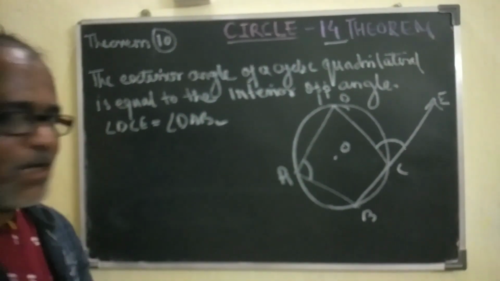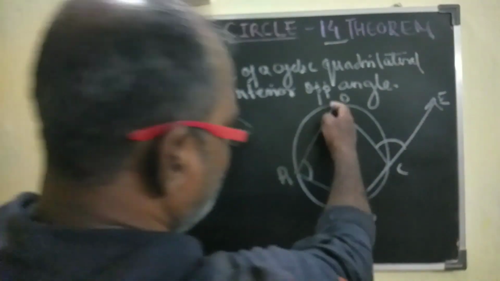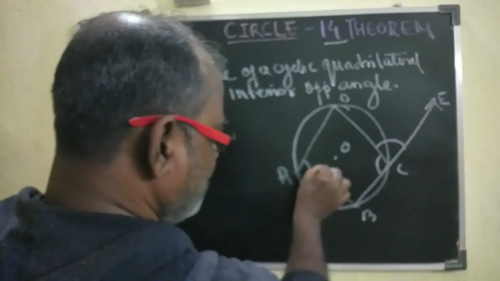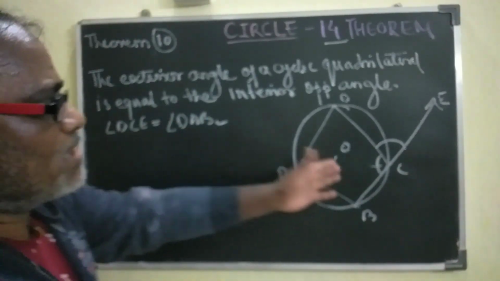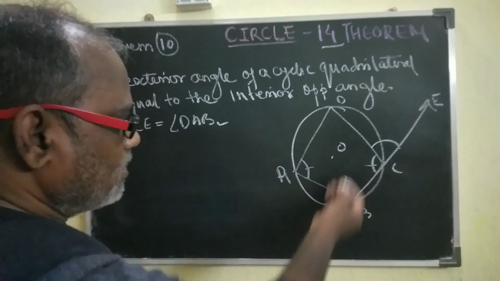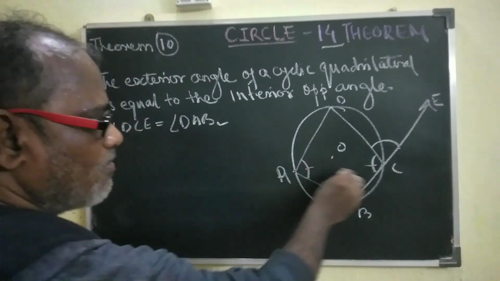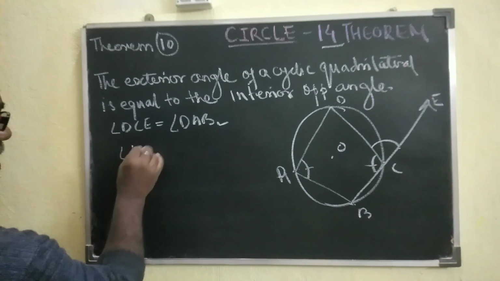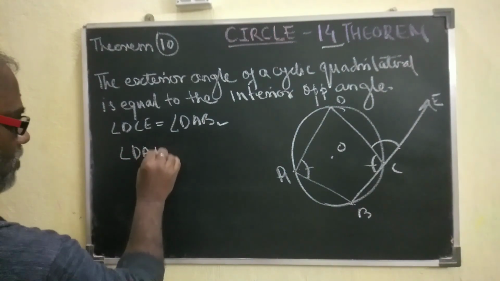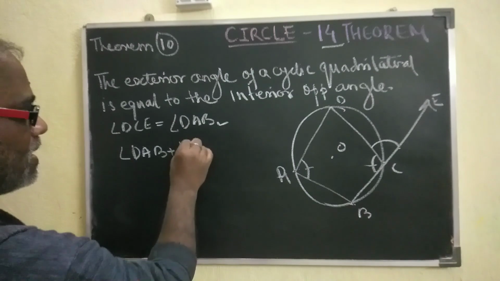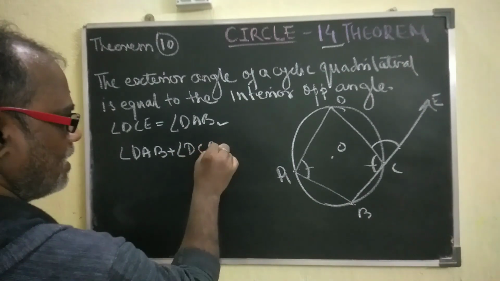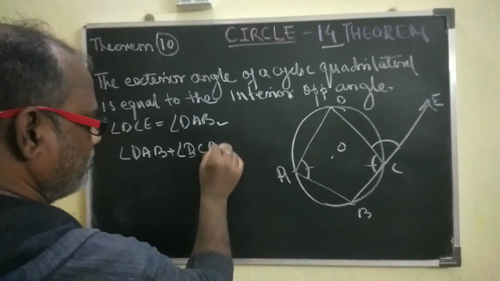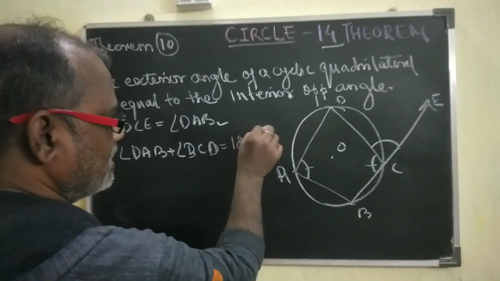This is very easy. Try to understand it very carefully. We know that ABCD is a cyclic quadrilateral. We know that this angle plus this angle must be equal to 180 degrees. In the previous theorem we have already learned that in a cyclic quadrilateral the sum of the opposite angles is 180 degrees. That means angle DAB plus angle BCD equals 180 degrees.